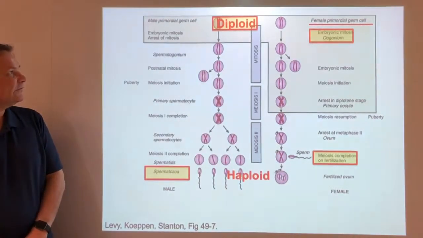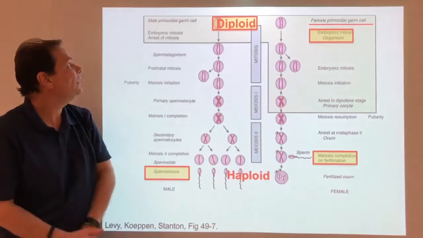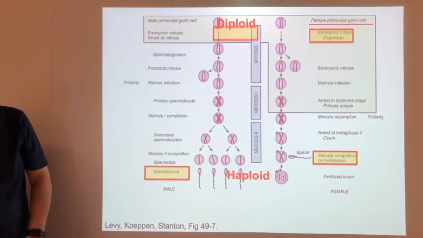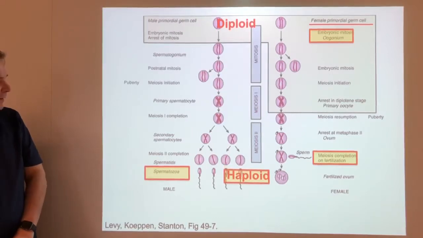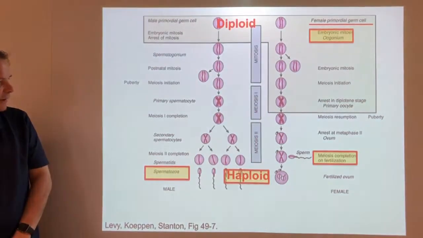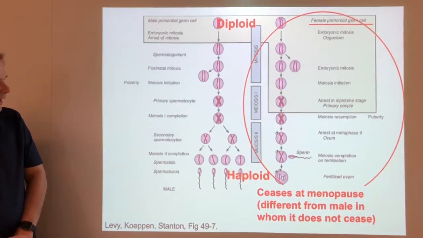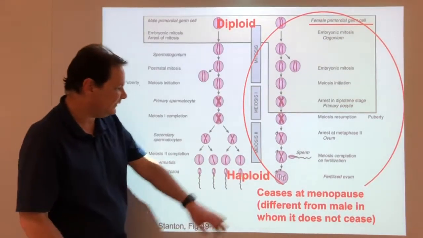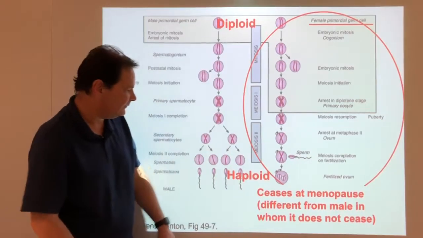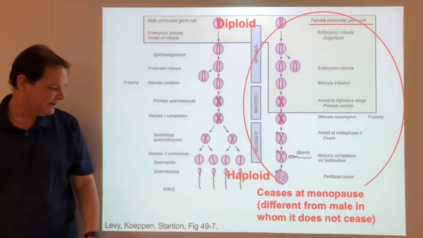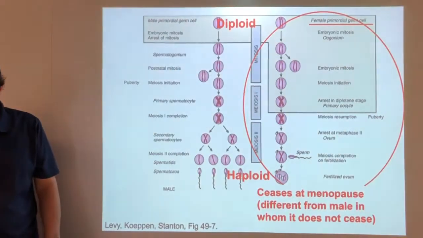And during this process, we go from a diploid germ cell oogonia to haploid gametes. This process, of course, ceases at menopause in the female.